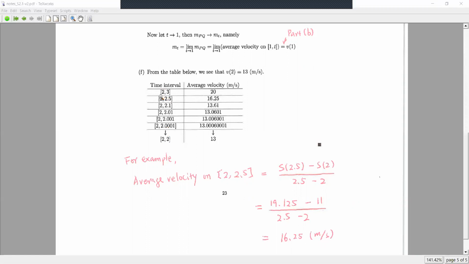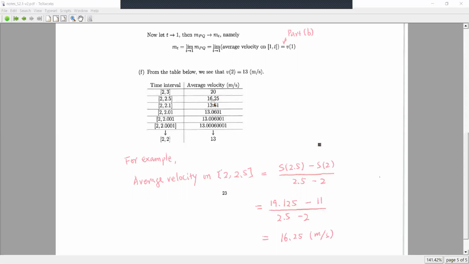On the time interval from 2 to 3, the average velocity is 20. So we can say that instantaneous velocity at 2 roughly is 20. On this time interval 2 to 2.5, average velocity is 16.25.